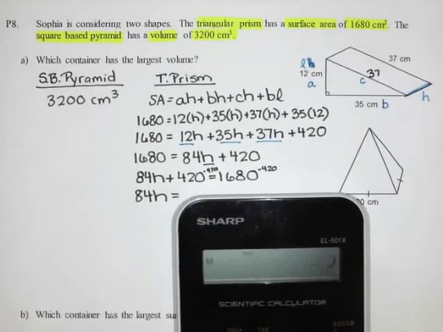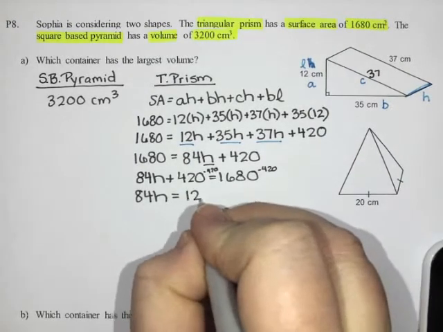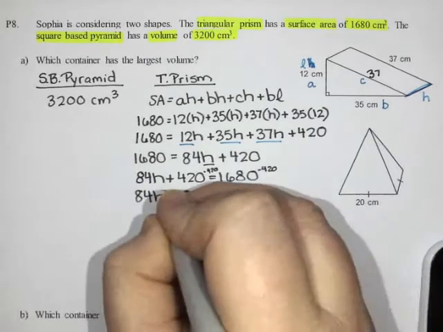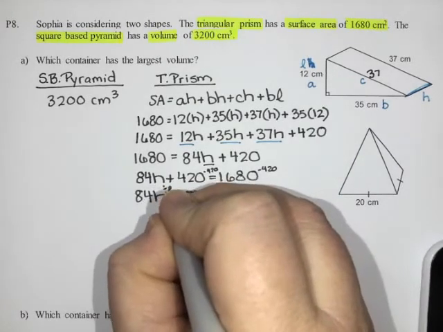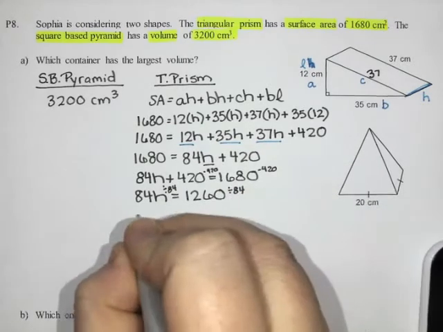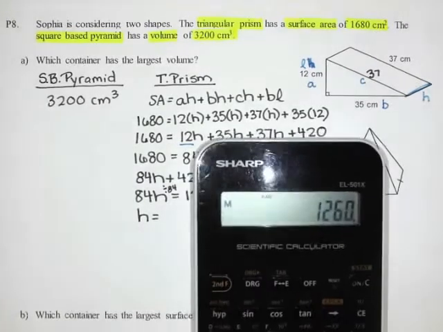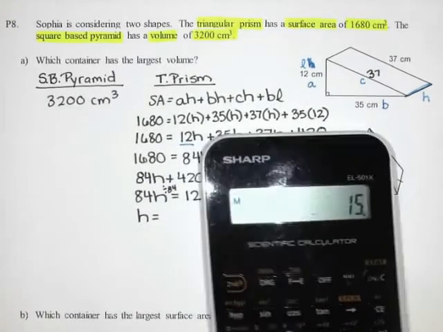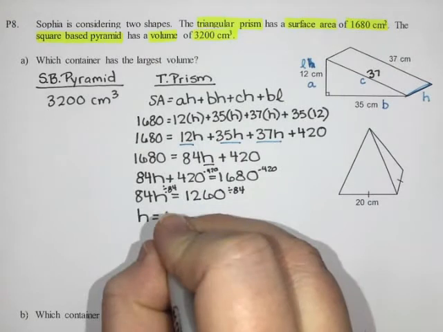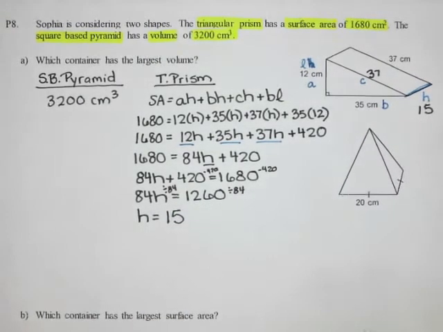Take away 420. Gives me 1,260. And then we are going to divide both sides by 84. So this divided by 84 is 15. So that means the height is 15.